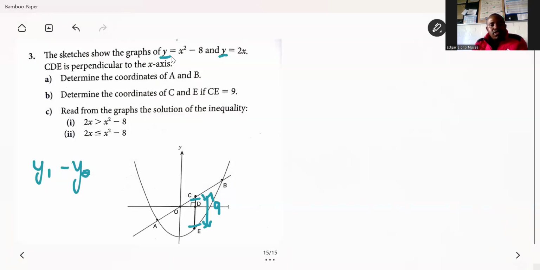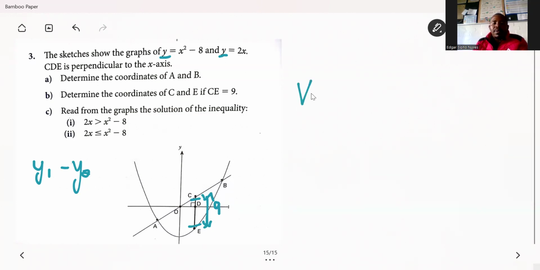So the Y at the top minus the Y at the bottom. What is at the top? At the top, you have a straight line. At the bottom, you have a parabola. So to work out this vertical distance, you take the top function minus the bottom function. In this kind of question, when you are given the distance and want to work out the coordinates, you need to consider that this distance in terms of functions is the top function minus the bottom function.